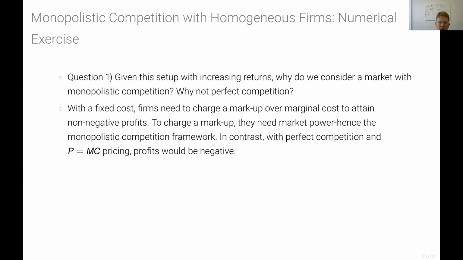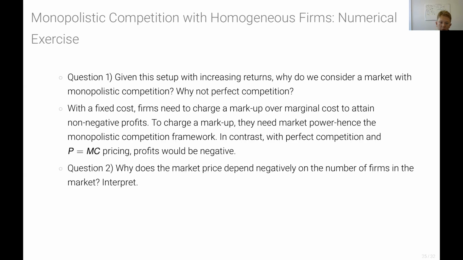So they need to have market power. They need to be charging a price greater than marginal cost. Otherwise, they're never going to be able to recover their fixed cost, and profits would be negative. Two, why would the market price depend negatively on the number of firms in the market?